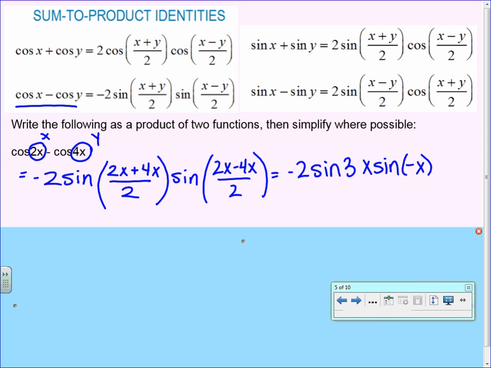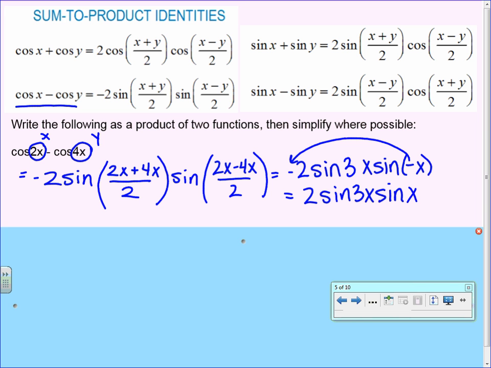Sine is even or odd? Odd, which means what can I do with it? Bring it out front. I would just bring it out front of the whole term. Everything's all multiplied. There's already a negative there. If I bring another negative out front, negatives are going to cancel. So I'm just left with positive 2 sine 3x sine x. And again, the goal here was to write it as a product. We've done that. There's nothing else we can simplify in the product.